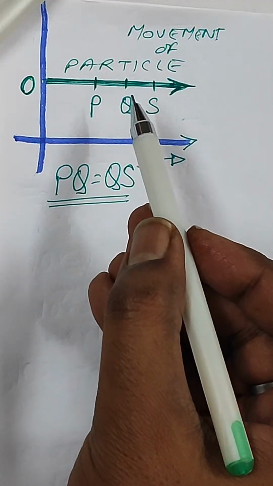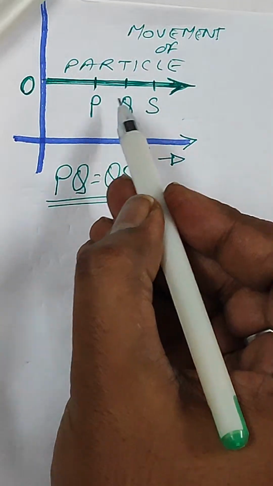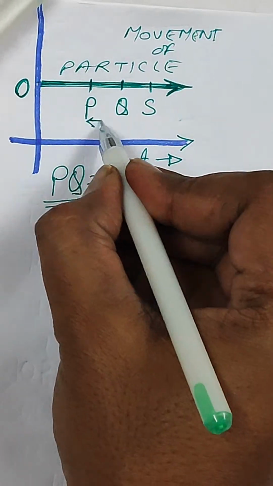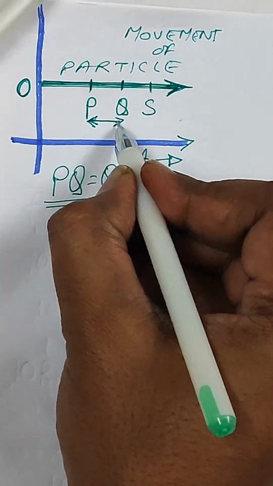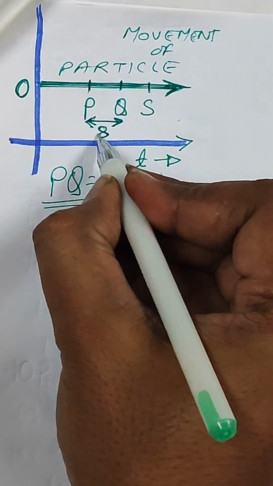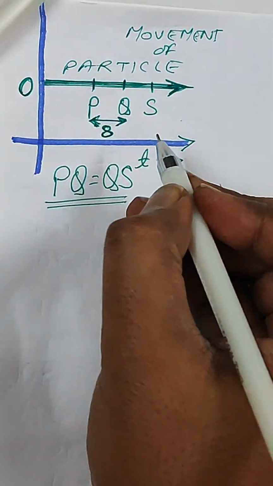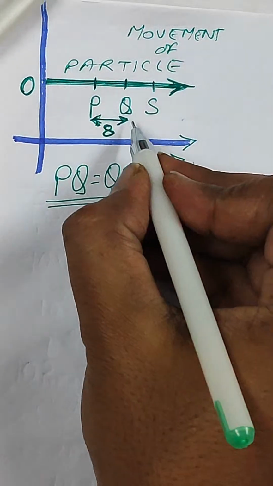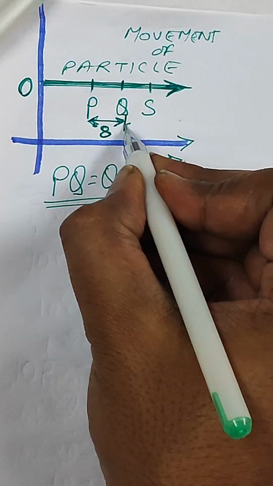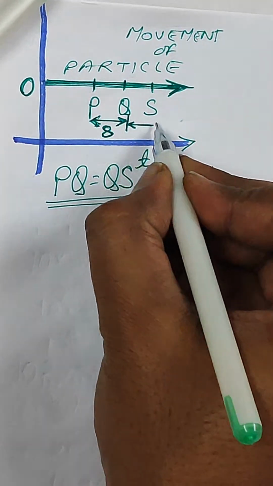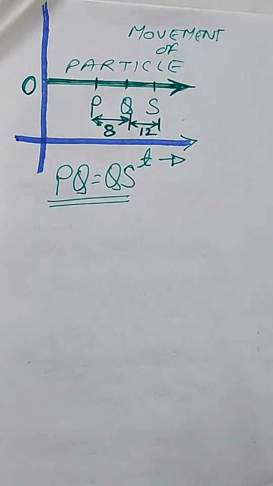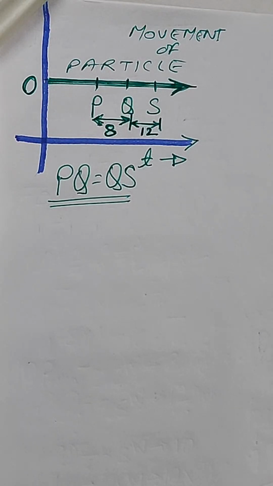Now the average velocity of the particle from P to Q is 8 meter per second, and the average velocity of the particle from Q to S is 12 meter per second, right? Now this is the data given to you.